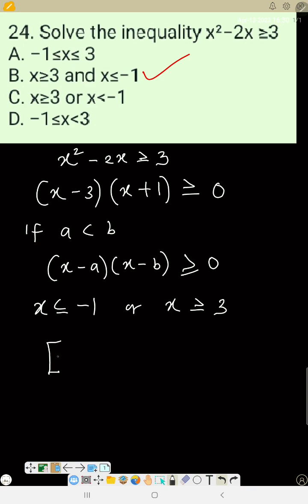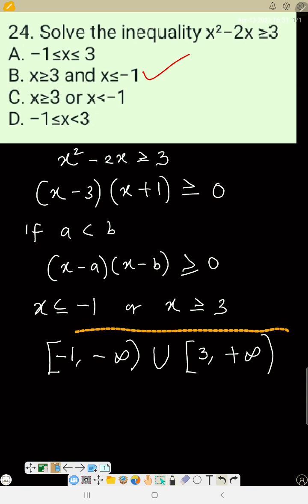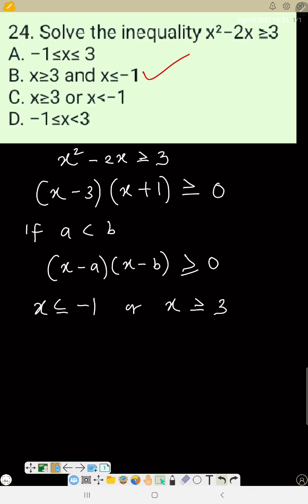So that means this will be negative infinity to minus 1. That's the meaning. Union s is greater than or equal to 3. So 3 to positive infinity. That will be in another notation, depending on your option. But for now, that's the answer.